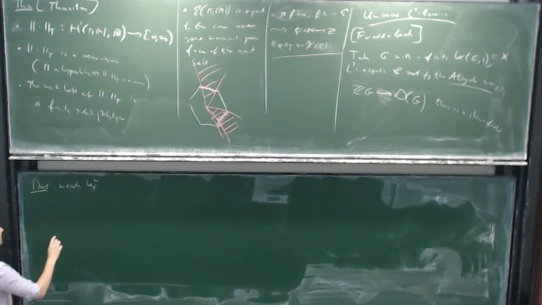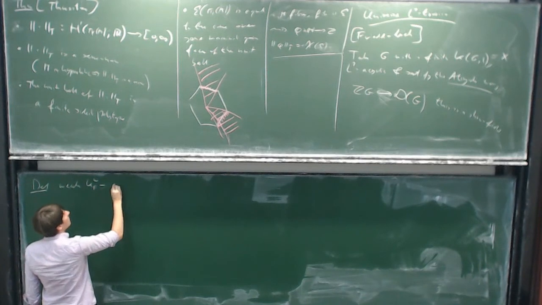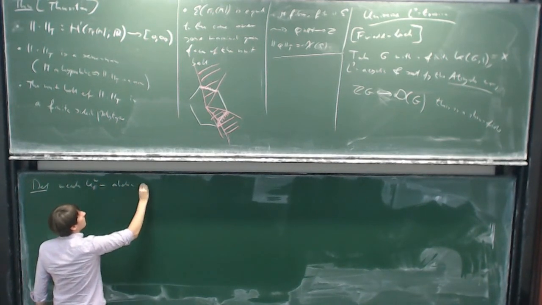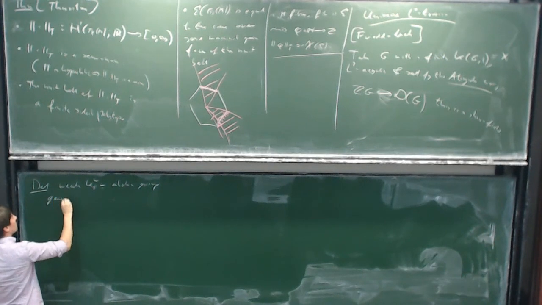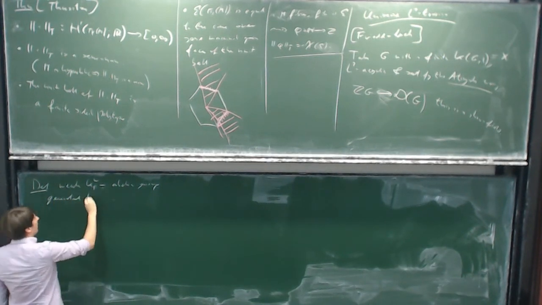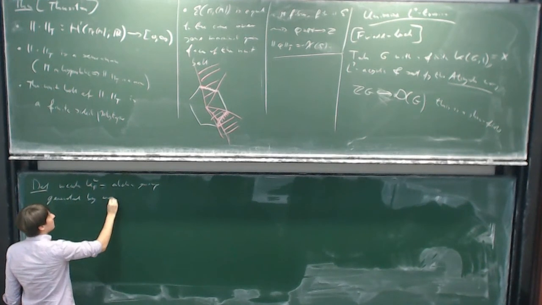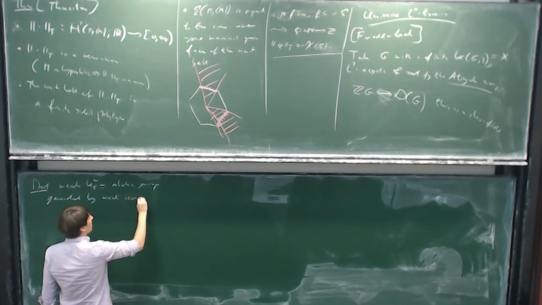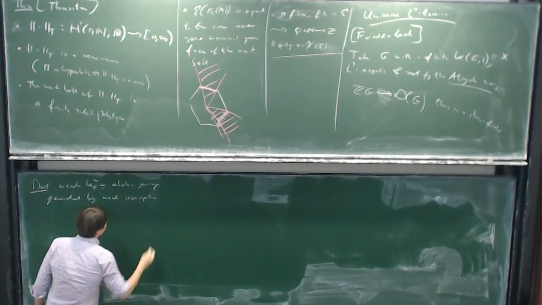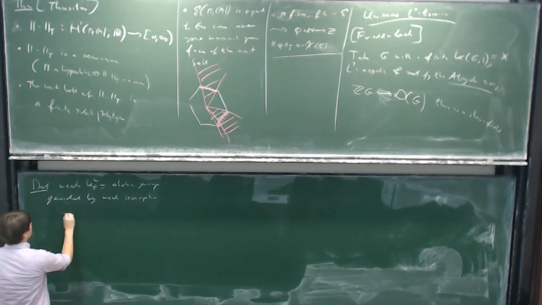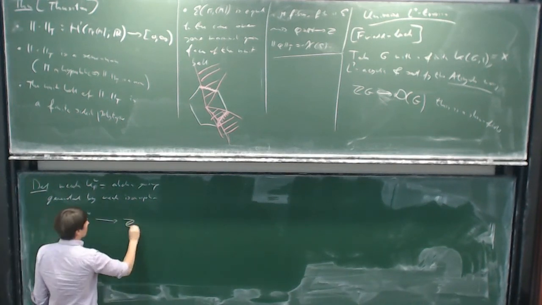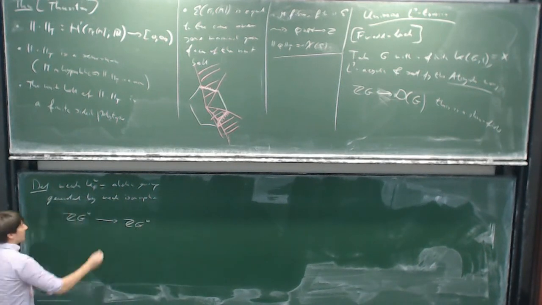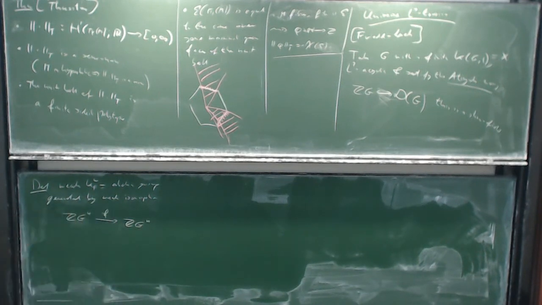So this is an abelian group generated by weak isomorphisms between free ZG modules, by which I mean: let's take a free ZG module, let's map it to another free ZG module of the same rank, a ZG-module homomorphism.